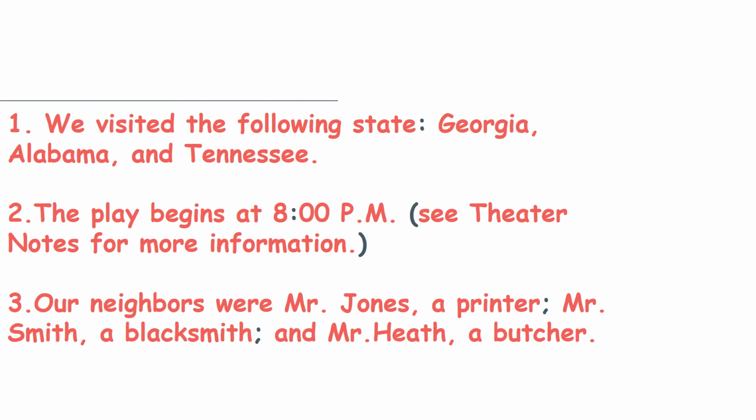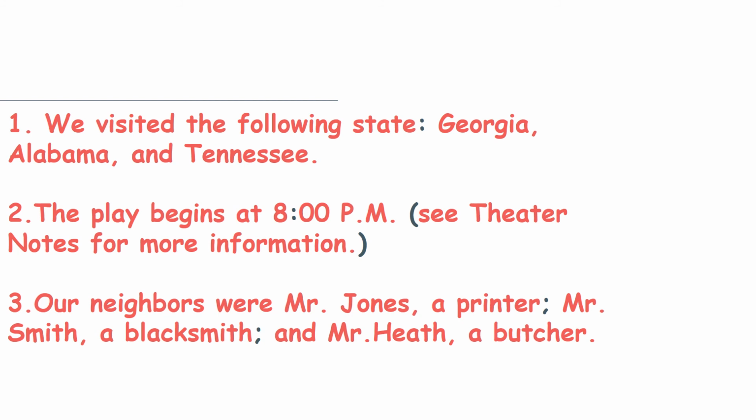Number 3, our neighbors were Mr. Jones, a printer; Mr. Smith, a blacksmith; and Mr. Heath, a butcher. Since there is the name and what their job was, you have a comma between the name and the occupation.